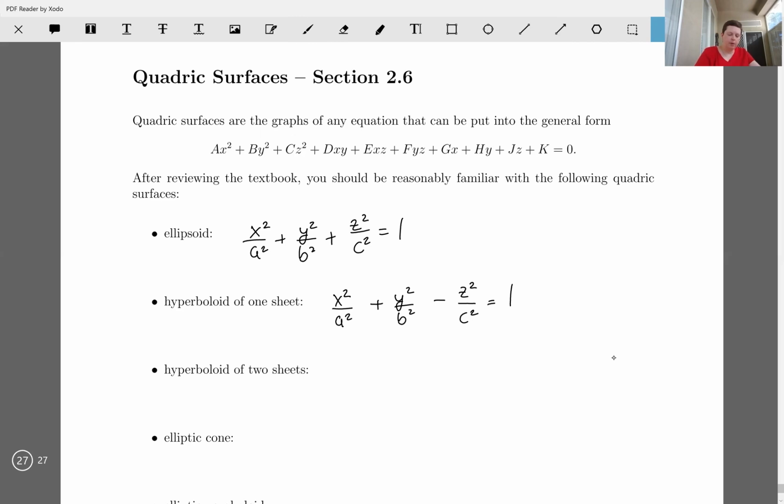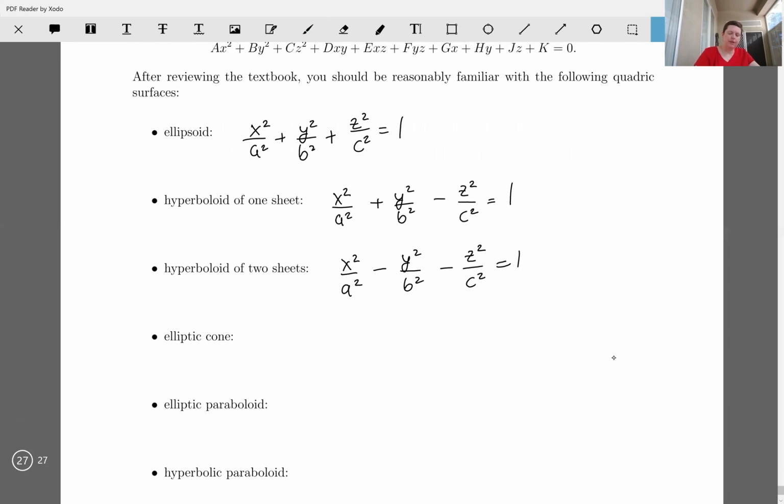A hyperboloid of two sheets, for that one, it just means that everything's negative, so to speak. So instead of a plus y squared over b squared, we have a minus.